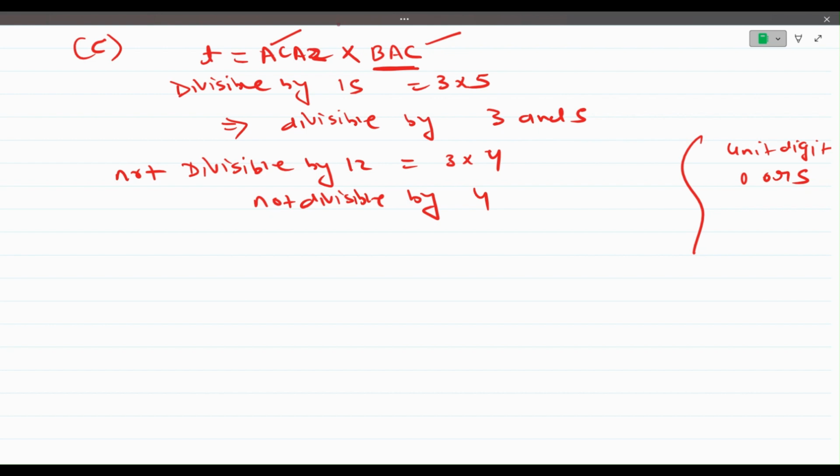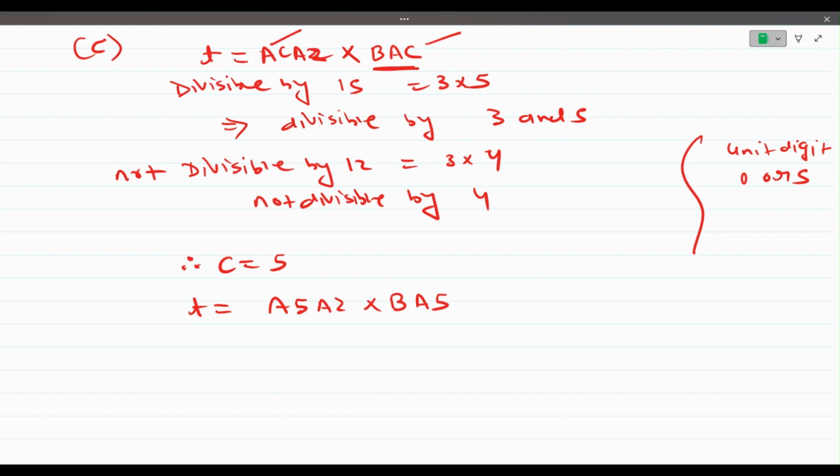Since it is a non-zero digit, C should be 5. So t is A5A2 times BA5, right?